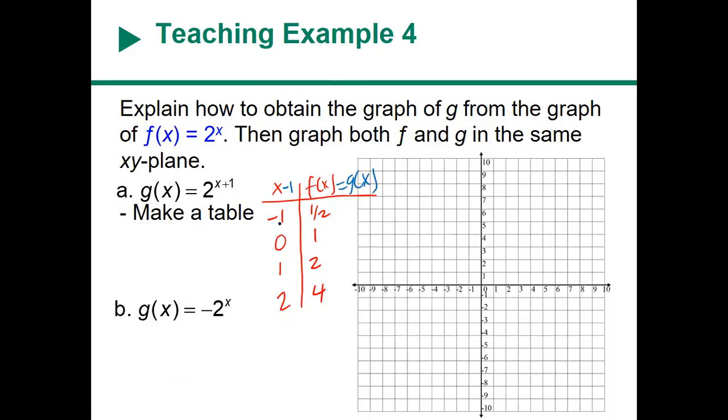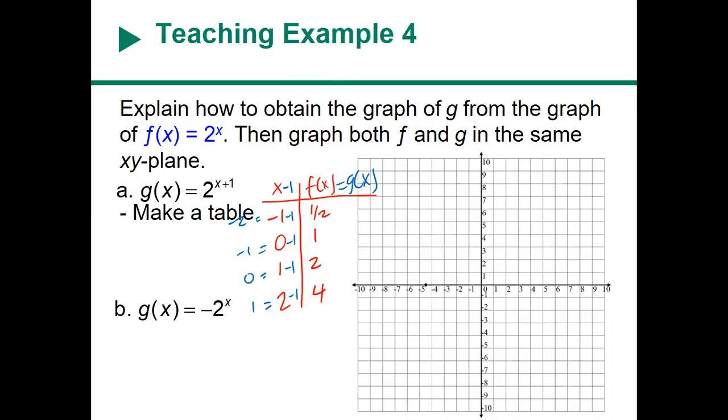What's going to be different are the x values. So if I subtract 1, subtract 1, subtract 1, subtract 1, where is its new home at? Well, negative 1 minus 1 is 0. No, negative 2.